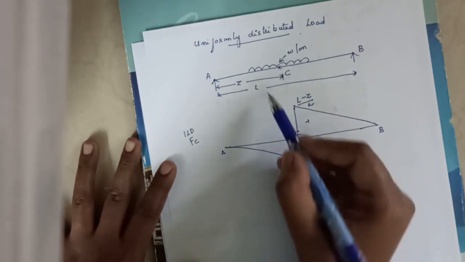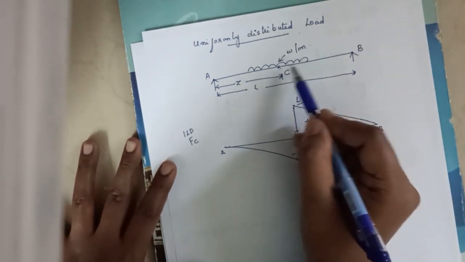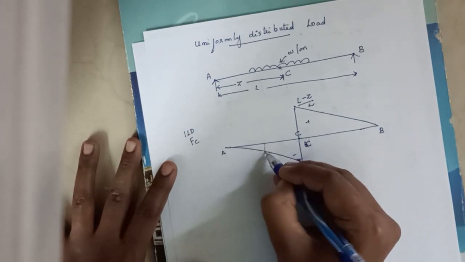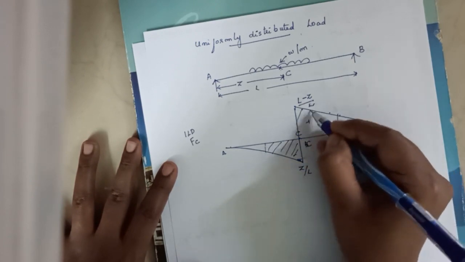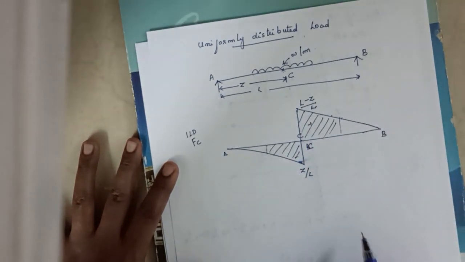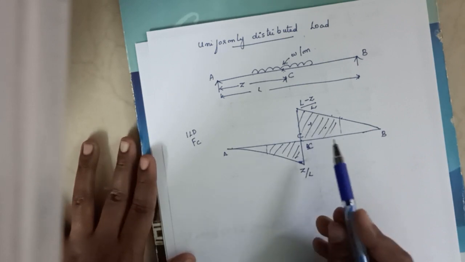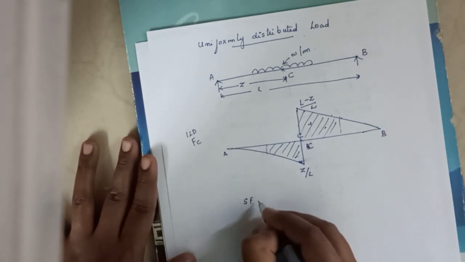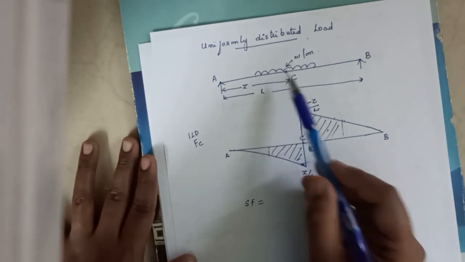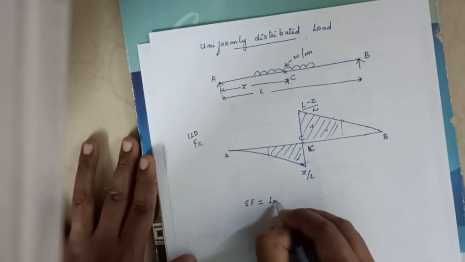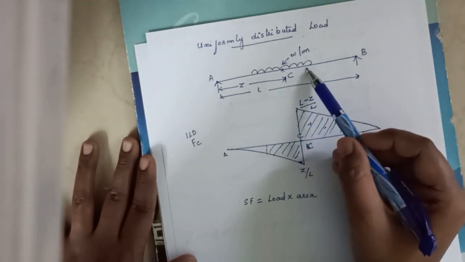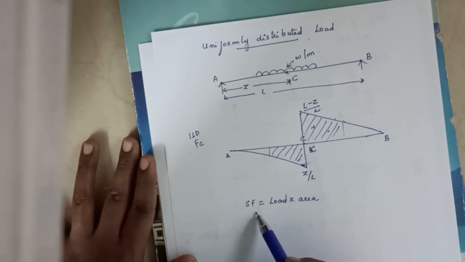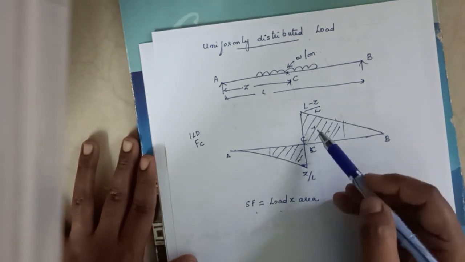For UDL, it's an area type load. So consider the area under this load portion. Here the shear force value will be equal to load into this shaded area.